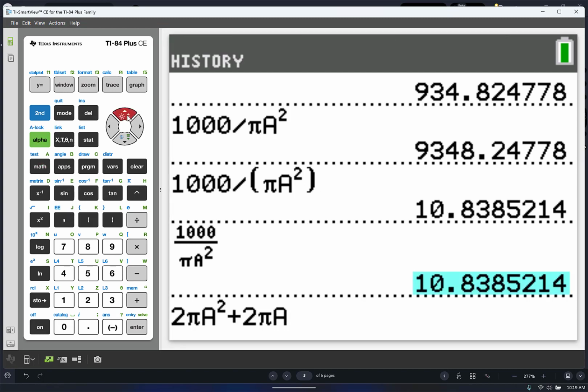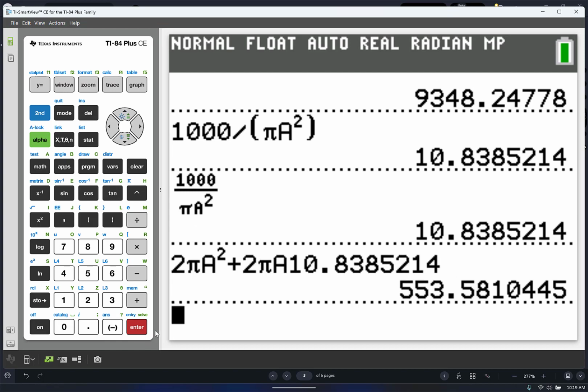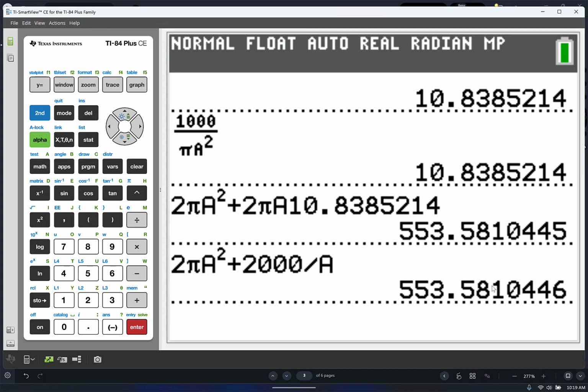Okay, so h is this one right here. I guess I could have also used the other one. My bad. Times that. All right, let's see if it executes. It would have worked also if I would have done 2 pi a squared plus 2,000 divided by a. Yeah. Okay. Check it out, guys.